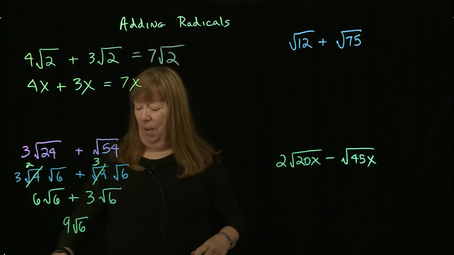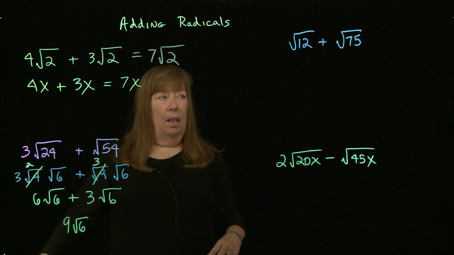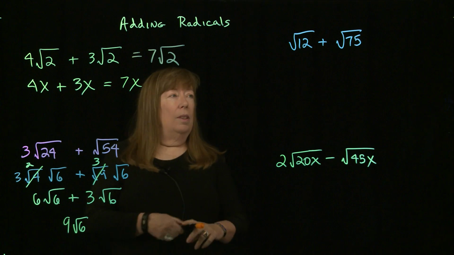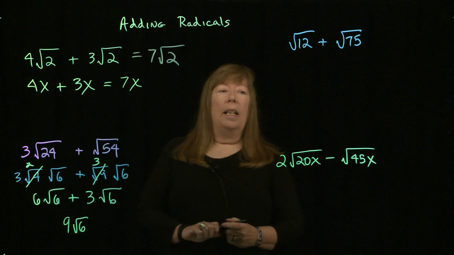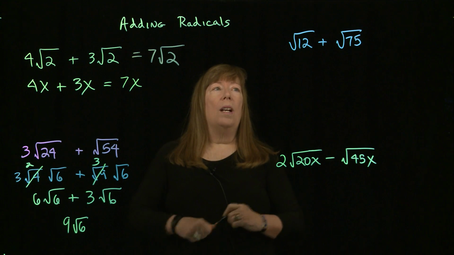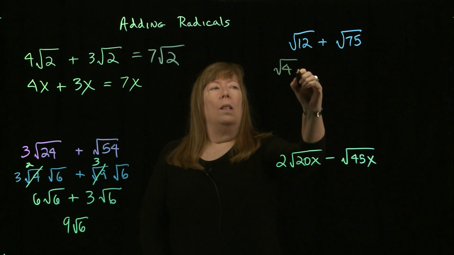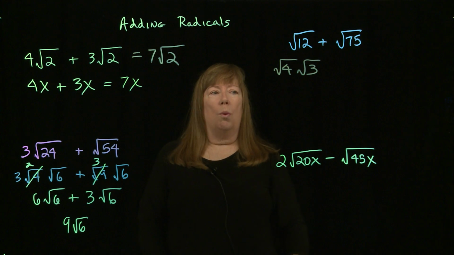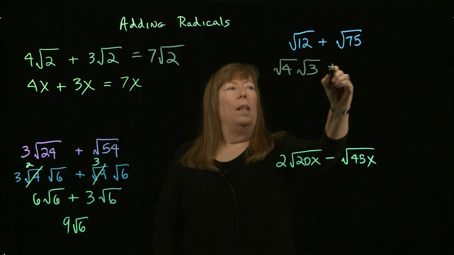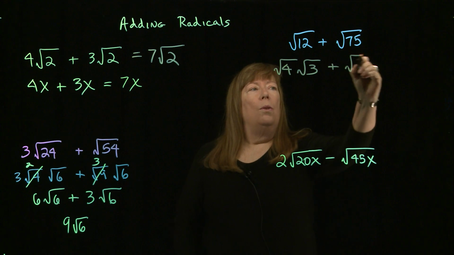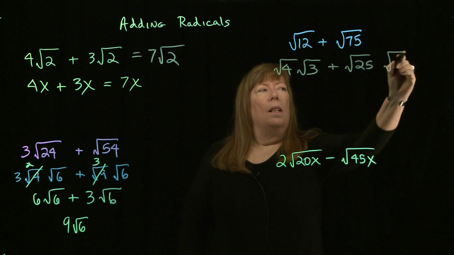Okay, let's try another one. I've got one up here for us. Square root of 12 plus the square root of 75. Again, we're looking for perfect square factors. 12 is 4 times 3. So we'll break it up into 2 parts. 75 is 25 times 3.